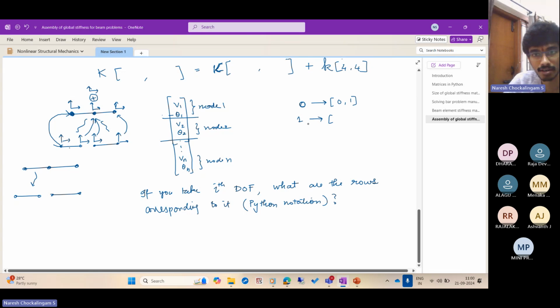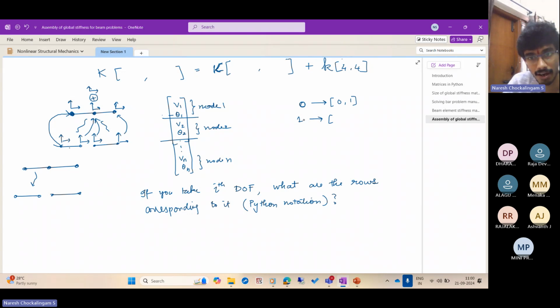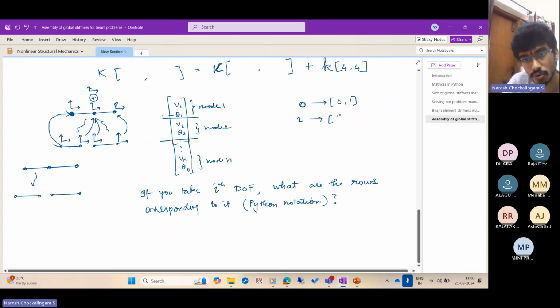So node 1, the second node, has degrees of freedom 2 and 3. Node 2 has degrees of freedom 4 and 5. So what will be node i's degrees of freedom?